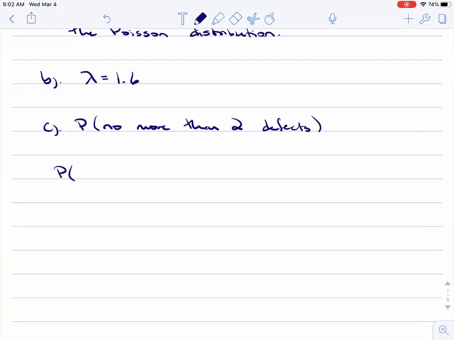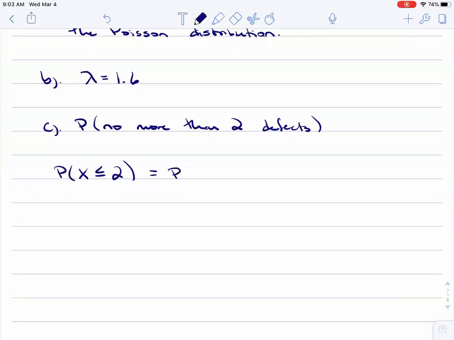we can say that that's the same as the probability that X is less than or equal to 2. No more than 2, so we could have 0 defects, 1 defect, or 2 defects, and that satisfies all the different options that we're allowing.